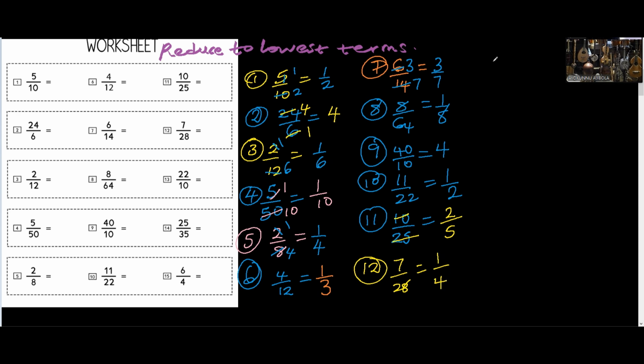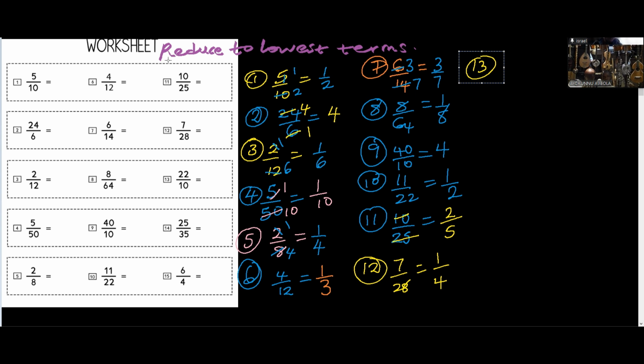Then number 13, we have 22 over 10. This is a fraction, but it's already improper, so it's going to give us a mixed number at the end of the day, okay? So you should always take note of such scenarios.